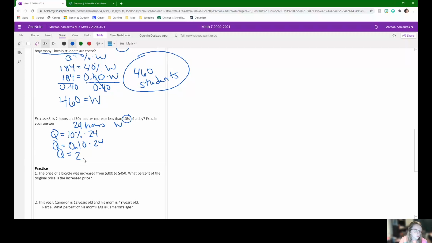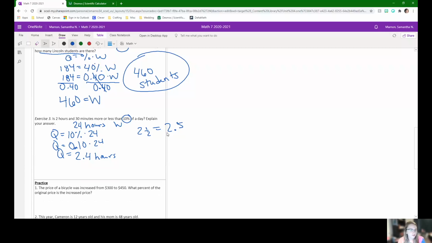This is 2.4 hours. So 2.4 hours is 10% of the day. 30 minutes is half an hour. So 2.5 hours is the same as 2 hours and 30 minutes. So 2 hours, 30 minutes is actually going to be more than 10% of a day.